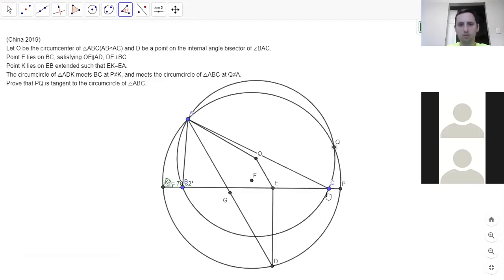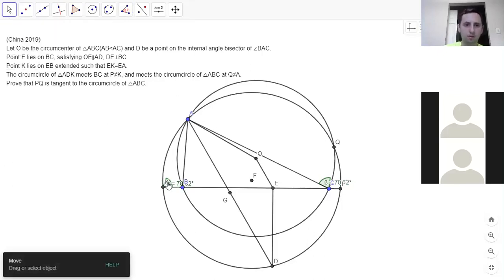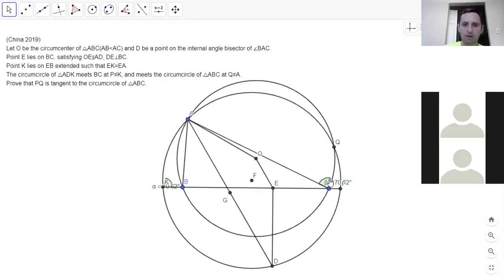ACQ. Yep, they're similar. So that is the key, it looks like, to solving this. So ACQ is half of AOQ.